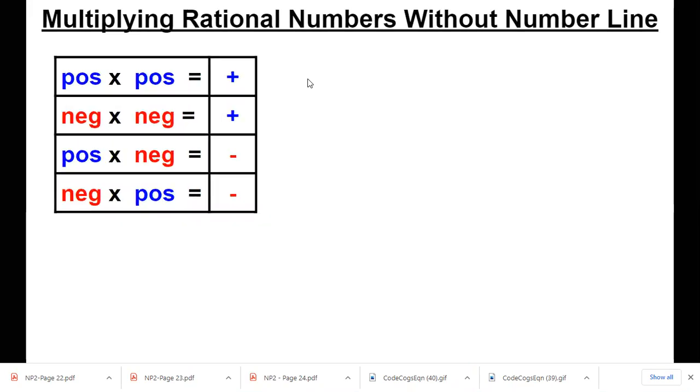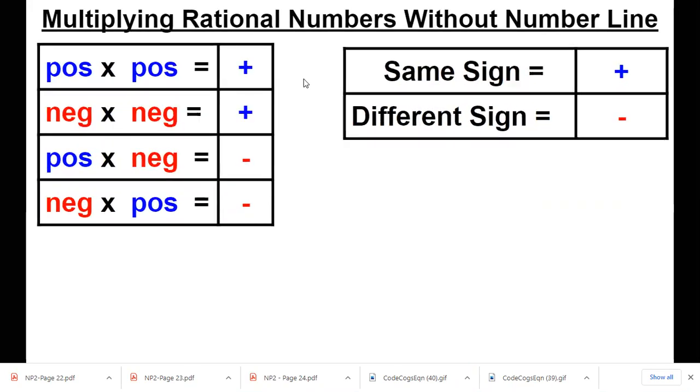Okay, here's our rules again. And this time we're going to do this without the number line. So we have negative 3.5 times negative 2. Same one we just did on the number line. And this time we're going to multiply instead of showing it on the number line. So we do 2 times 5. That's going to give you 10. So we put down the 0 and we carry the 1.